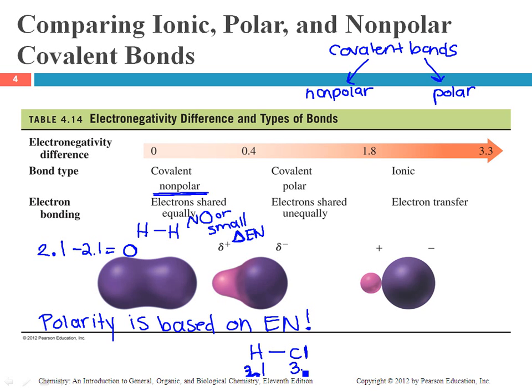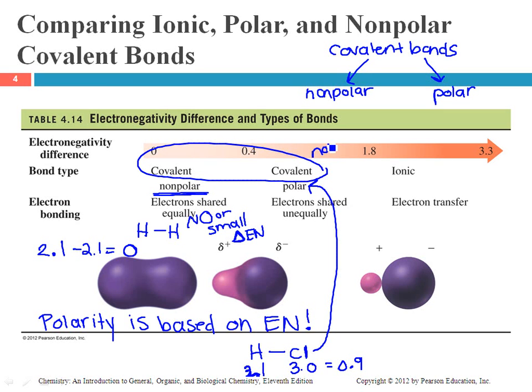So we have a larger difference in electronegativity. It's kind of on a scale. No difference to a very small difference is nonpolar. But if you have unequal sharing, here we would have a difference of 0.9, and we call this polar covalent. Remember, it's covalent because these are nonmetals.